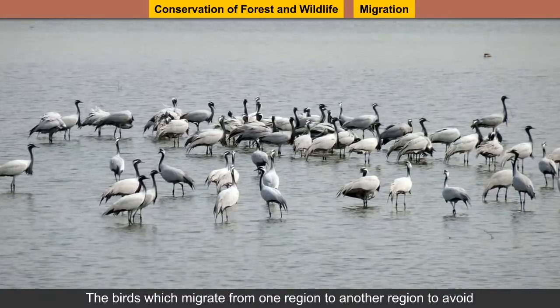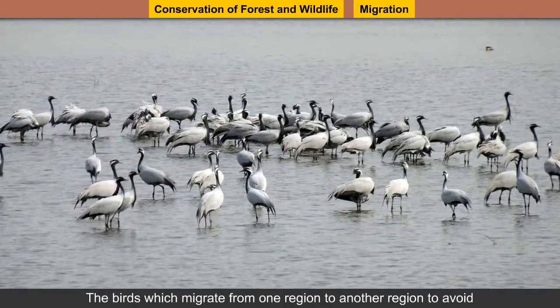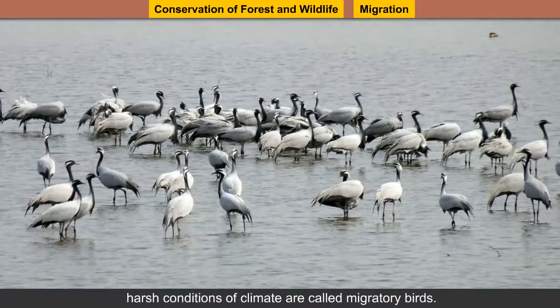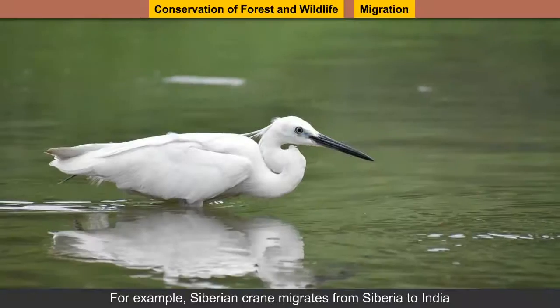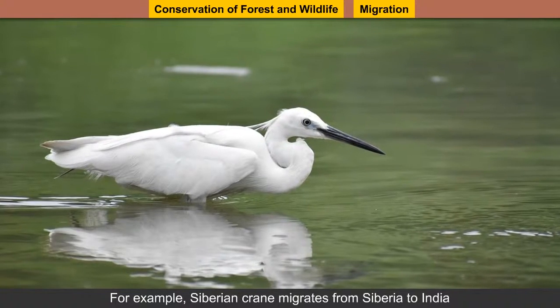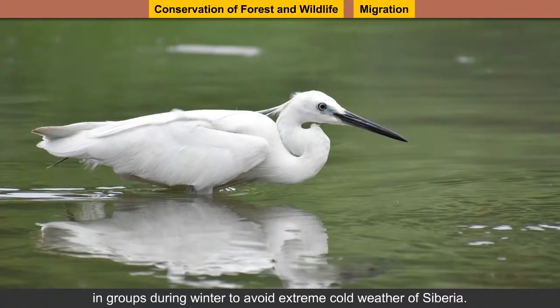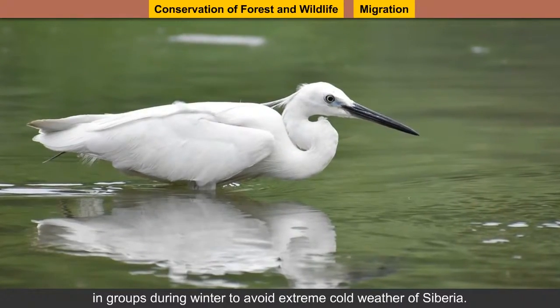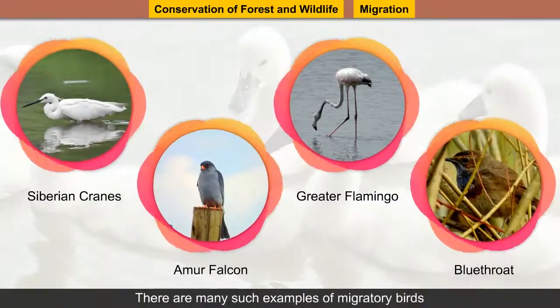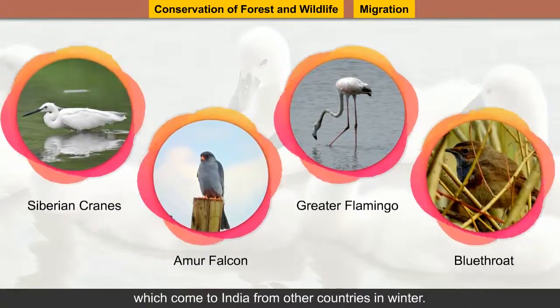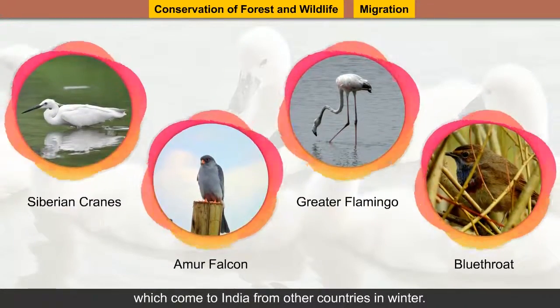The birds which migrate from one region to another to avoid hard conditions of climate are called migratory birds. For example, Siberian crane migrates from Siberia to India in groups during winter to avoid extreme cold weather of Siberia. There are many such examples of migratory birds which come to India from other countries in winter.